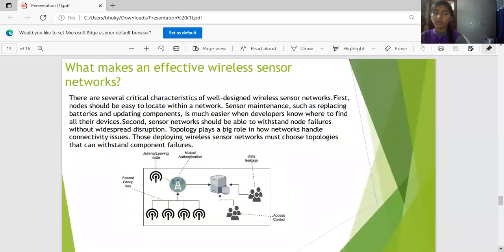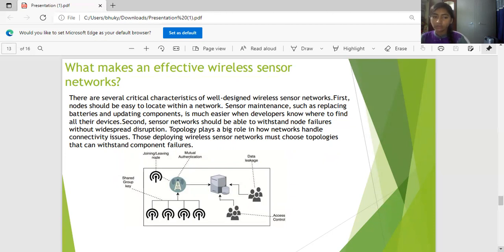Now let's see what makes an effective wireless sensor network. There are several critical characteristics of a well-designed wireless sensor network. First, nodes should be easy to locate within a network. Sensor maintenance, such as replacing batteries and updating components, is much easier when developers know where to find all these devices.